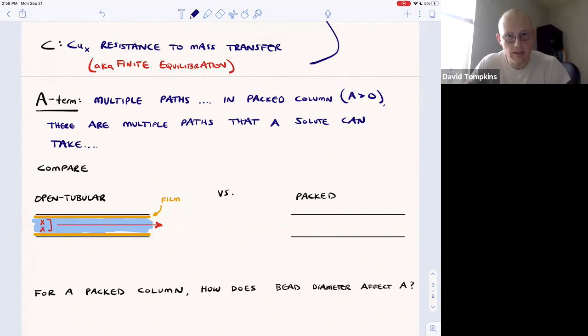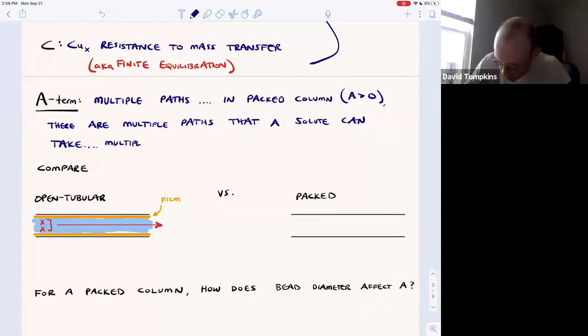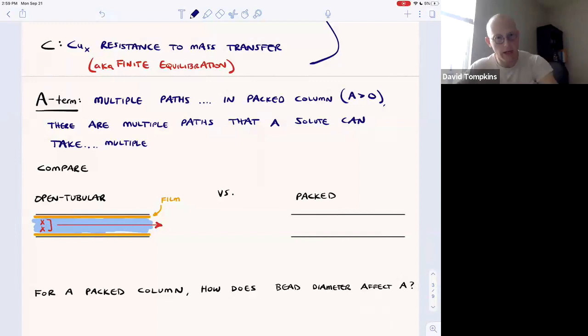So what this means is it's going to lead to multiple possible flow velocities, right? The retention times of compounds will be spread out because they are going through the column at different speeds.